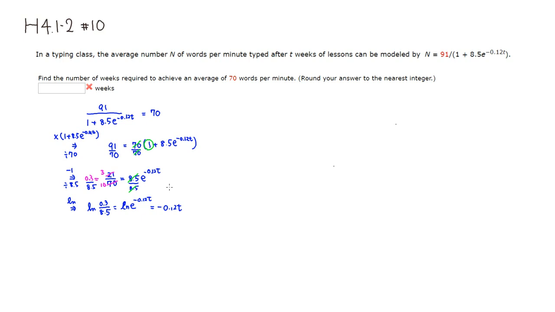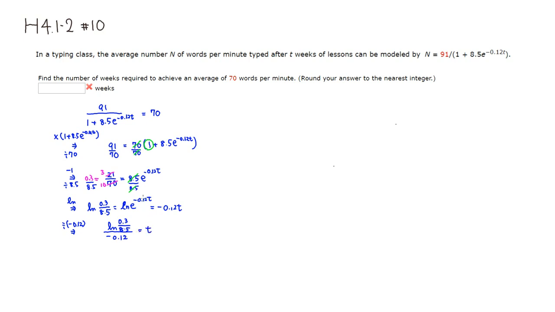Then I divide through by negative 0.12, so the natural log of 0.3 over 8.5, over negative 0.12, is equal to t.